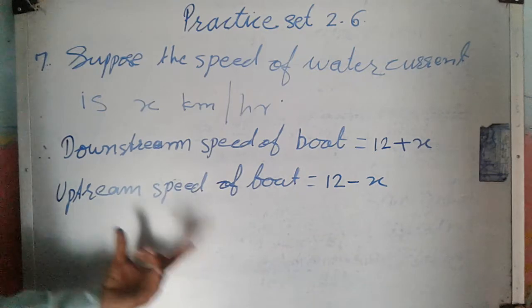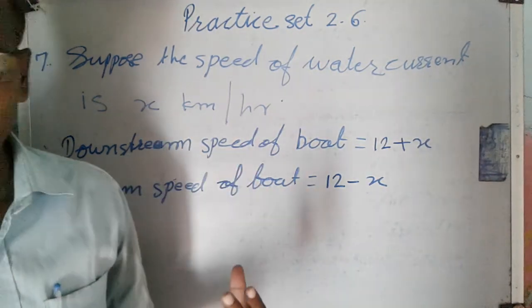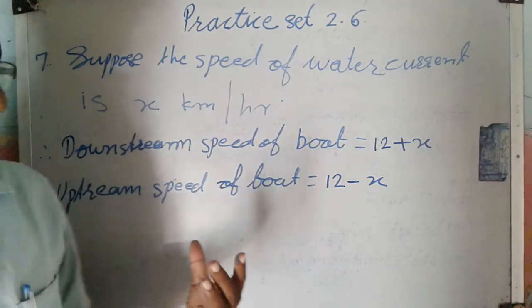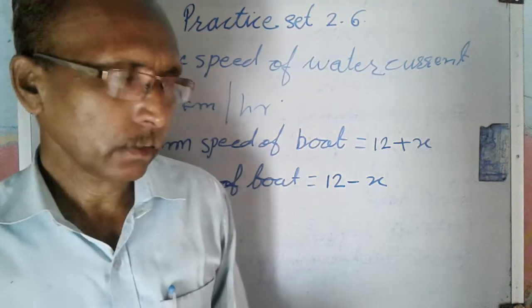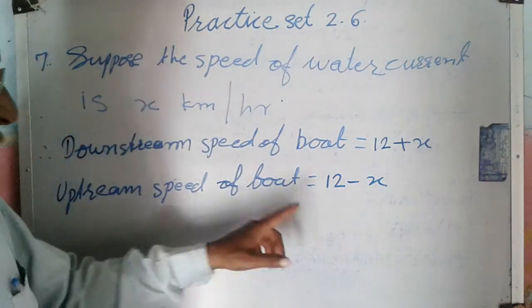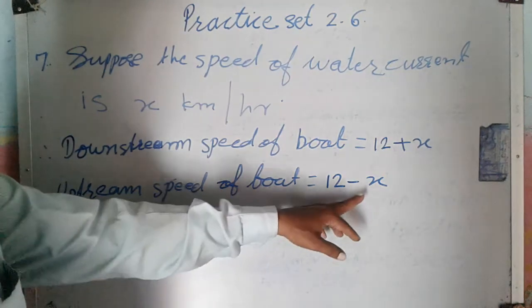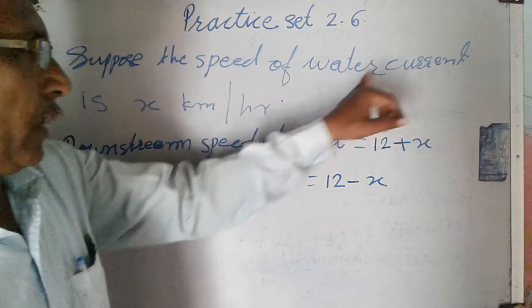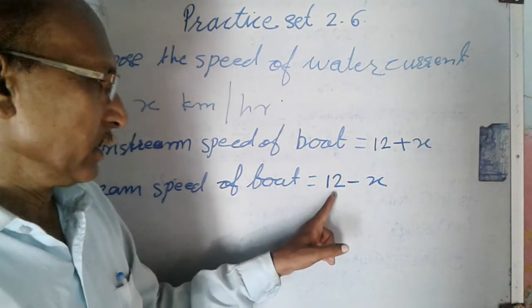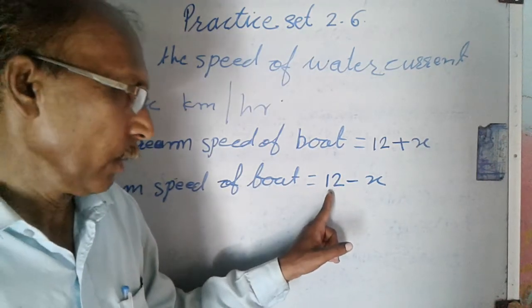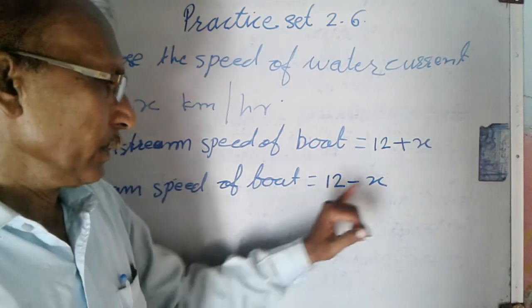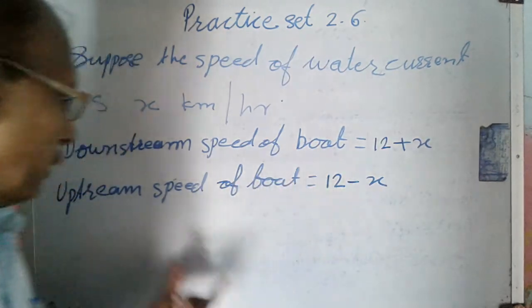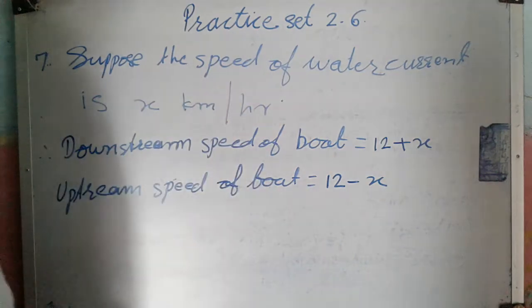While the boat is traveling upstream, that means in the opposite direction of the water current, its speed decreases by the speed of the water current. That means this is the speed of the boat in still water and this is the speed of the water current, so 12 minus x is the speed in the upstream direction.